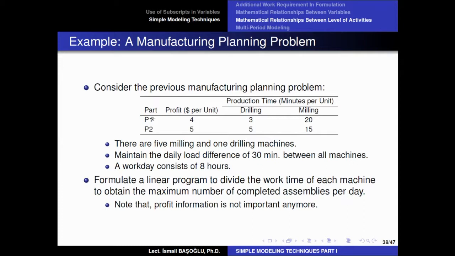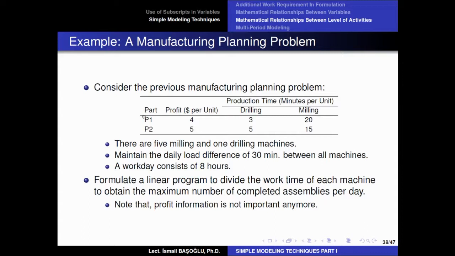Now remember, we are using these parts P1 and P2 to manufacture a single final product. So by using a single P1 and a single P2, we are manufacturing a final product. Therefore, the number of final assemblies, completed assemblies that you are going to manufacture per day will simply be equal to the minimum of these two values.